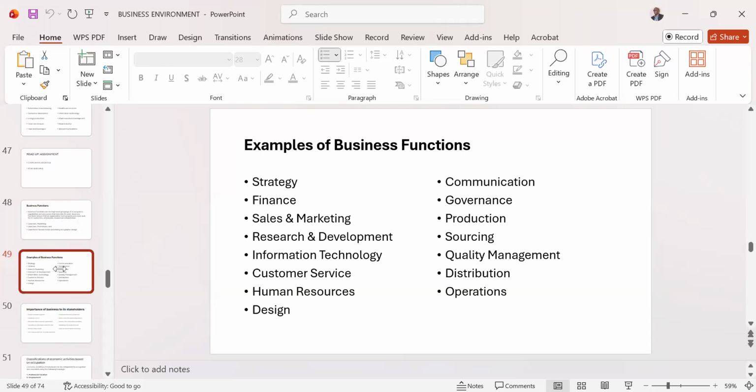Yes, sir. Okay, so who are the stakeholders in business? There are those that have the interest of a business at heart. So, example? Example, you can say customers, suppliers, the shareholders, the community, the government.